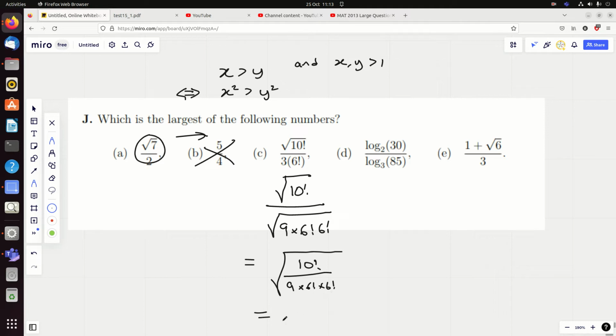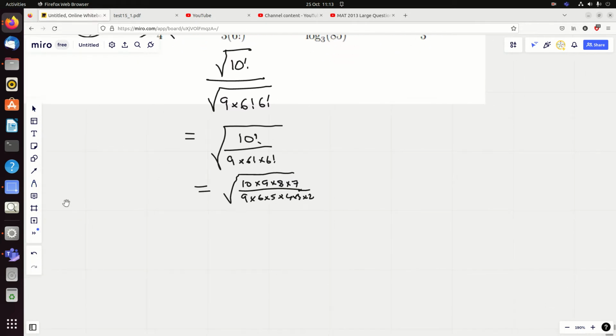I love tidying up factorials. It's one of the things I do for fun. I've got 10 times 9 times 8 times 7. One of the 6 factorials would cancel that, but then I've got a 9 times 6 times 5 times 4 times 3 times 2.